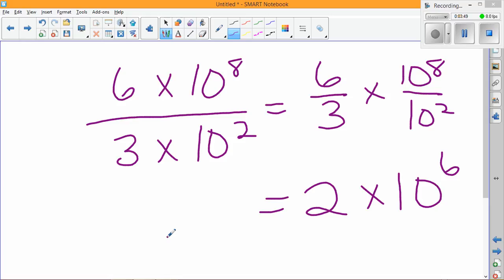And you can do it no matter what the numbers are. If the numbers are decimals, you split it up the exact same way.